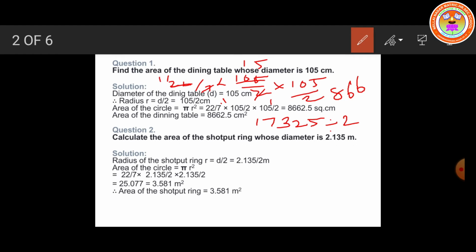Next 5: 2 times, 2 2s are 4. Next balance 1, put a point, then add 0. 5 times: 5 2s are 10. That is the answer.